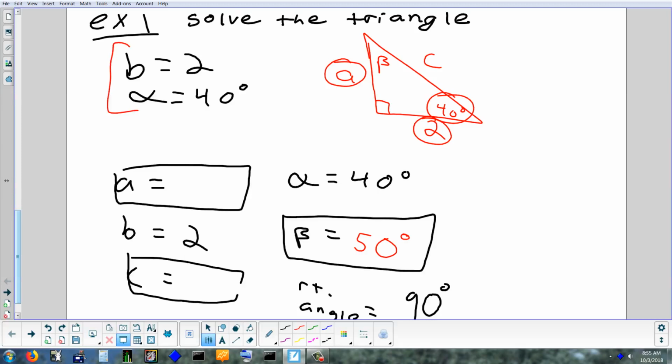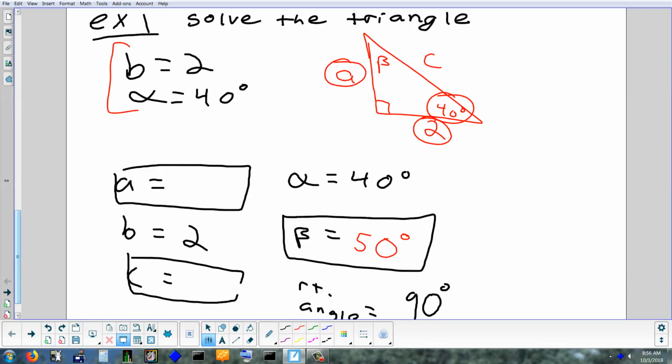Especially if we wrote down beta was 70 and it was wrong, and then we use that wrong answer to get A, then A is wrong. So the way I'm showing you to do it, you can get beta wrong and it would have no effect on A at all. So you could still get A right and you could still get C right, even if you get beta wrong, okay?